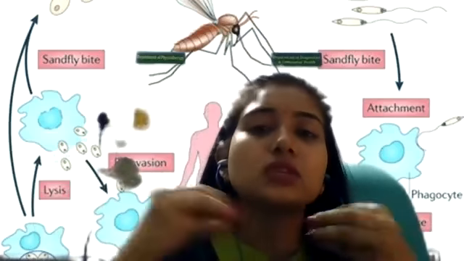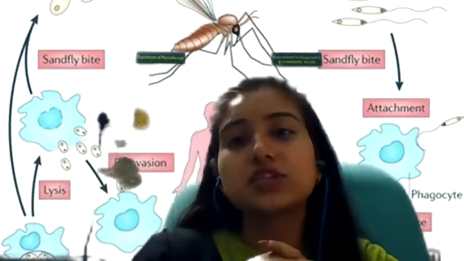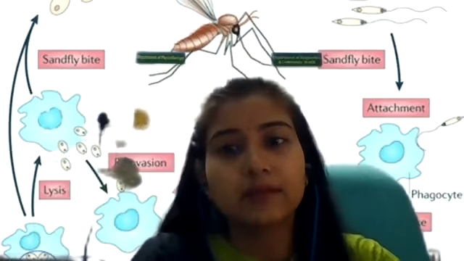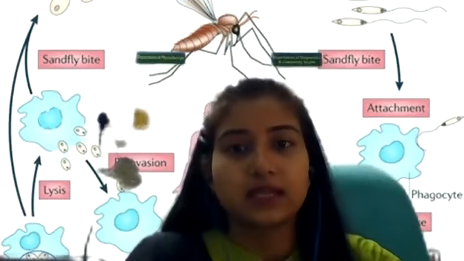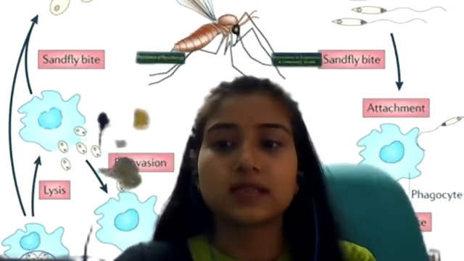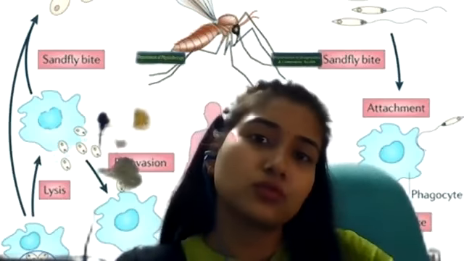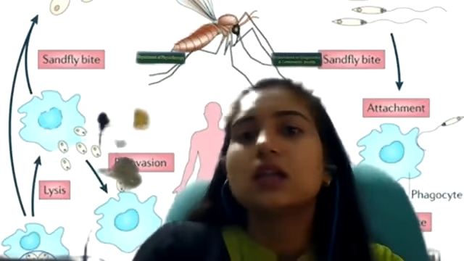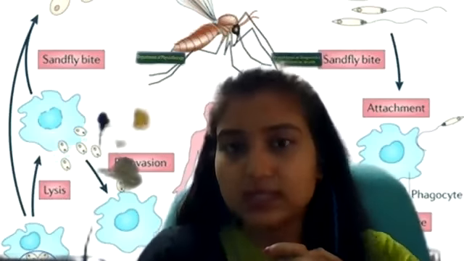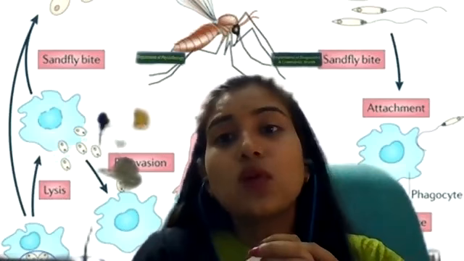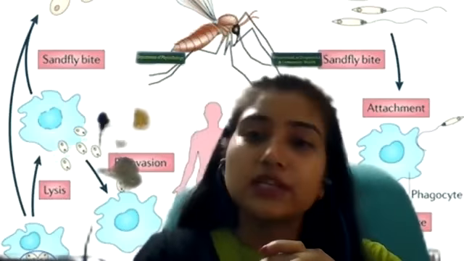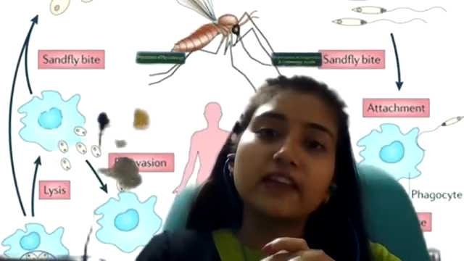The various manifestations of leishmaniasis and the Leishmania species causing them have been summarized. Old World leishmaniasis: Leishmania donovani causes visceral leishmaniasis or Kala Azar. It also causes the condition post Kala Azar dermal leishmaniasis, that means PKDL.